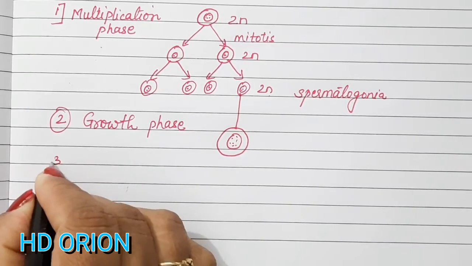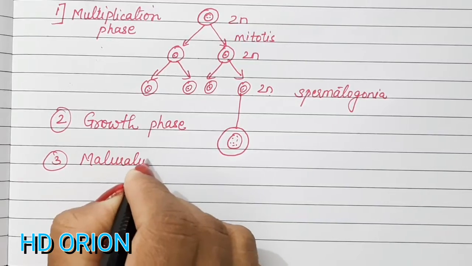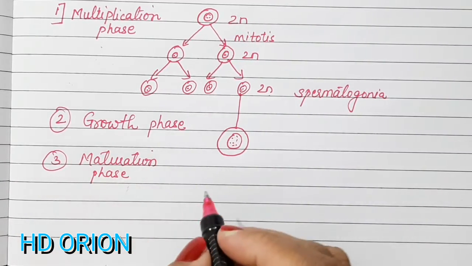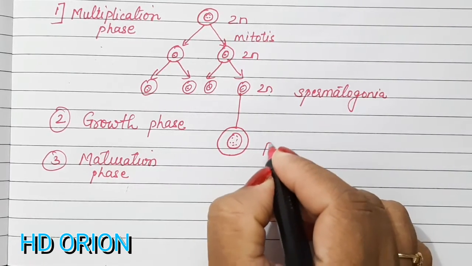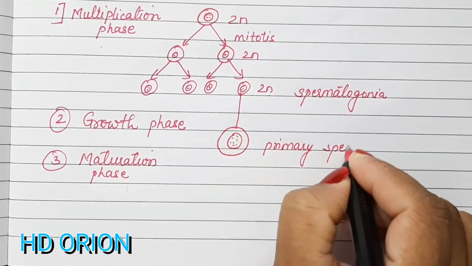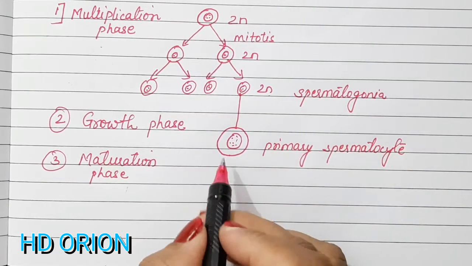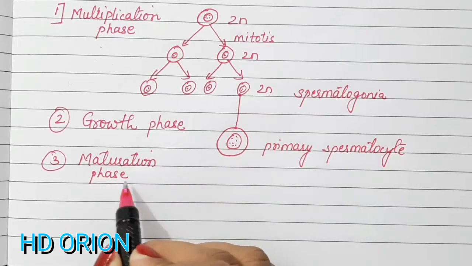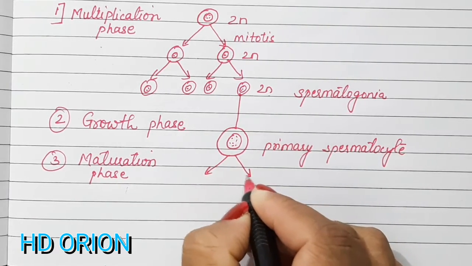The third phase is called the maturation phase. The maturation phase is essentially the process of meiosis. So this cell, which we now call a primary spermatocyte, will undergo the maturation phase, and this will divide meiotically.